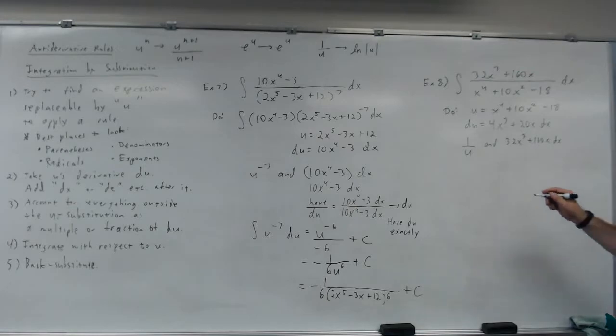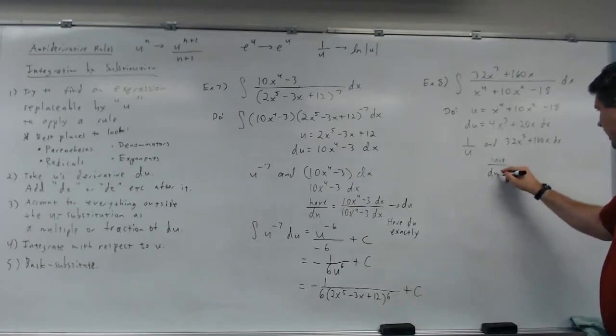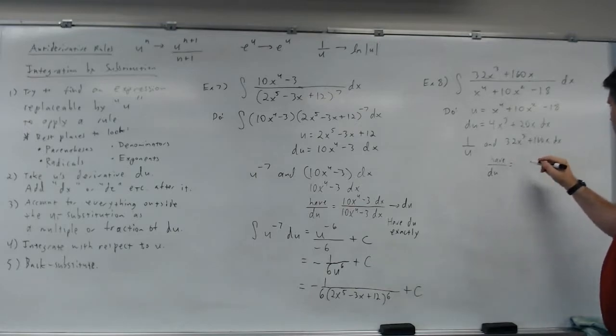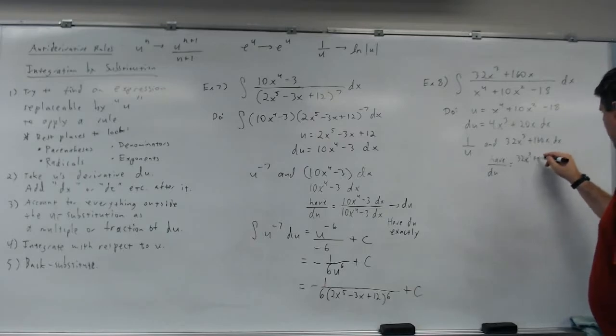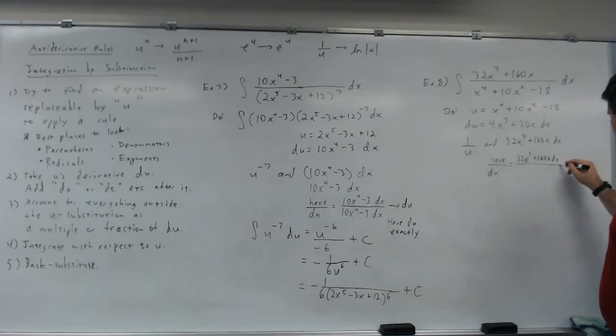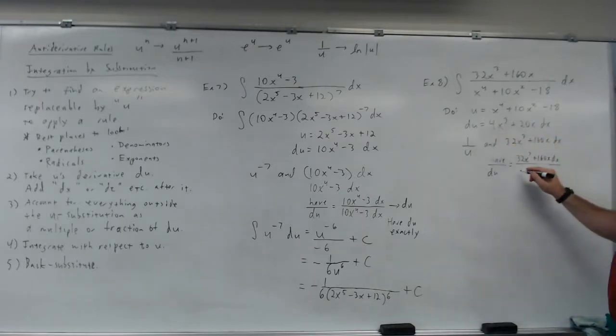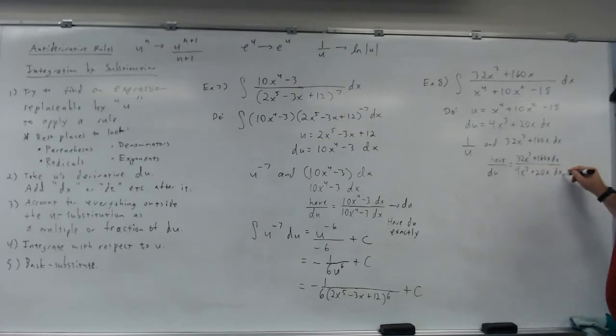So I'm going to do my half over du trick. I'm going to take this, that's going to be 32x cubed plus 160x dx over, that's what I have, and actual du is 4x cubed plus 20x dx.